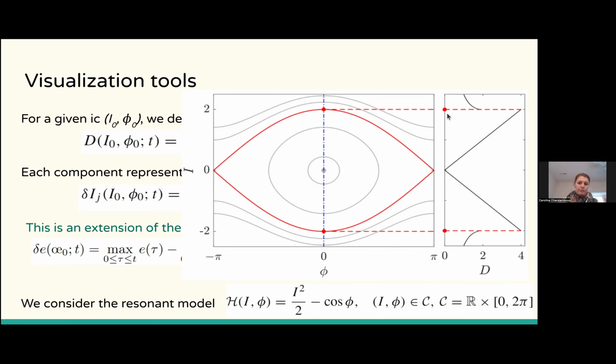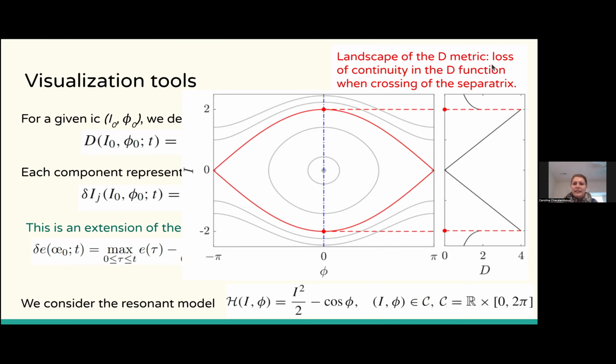and you see for the positive values of the action, we see that the value of D linearly grows within the libration domain. But once we reach the separatrix, there is a sudden loss of the regularity of the function, the metric D. And after the crossing of the separatrix, we see that the metric decreases monotonically.